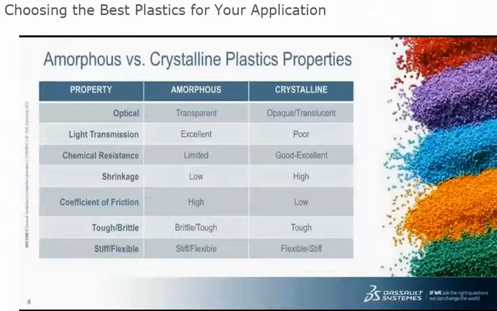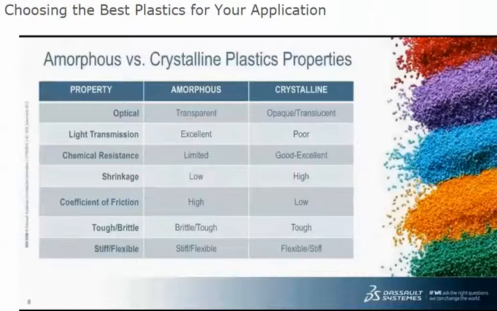Chemical resistance is another property we might look at. Amorphous materials, some of them do have good chemical resistance, but in general, amorphous materials are susceptible to attack by lots of different chemicals, whereas crystalline materials, because of the structures that set up inside the material due to the crystalline nature, typically have very good to excellent chemical resistance. So for example, if you saw a plastic gas can, that's usually made out of high-density polyethylene, which is a crystalline material.